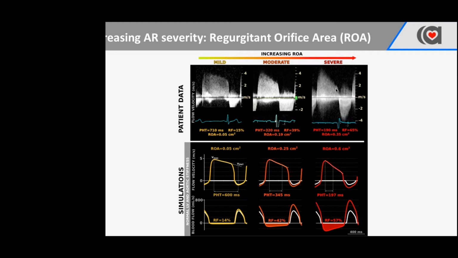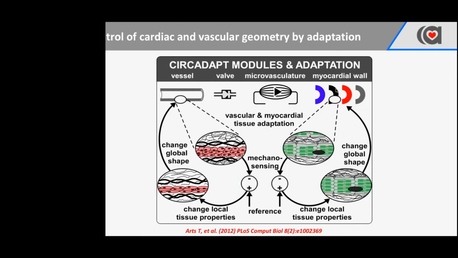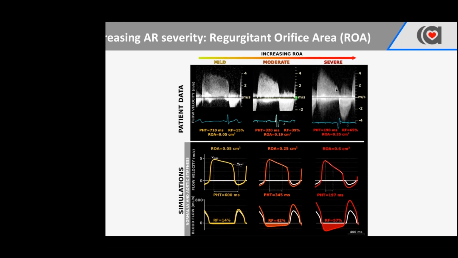But what will happen if you have a stiffer aorta, or a stiffer left ventricle? Well, this is actually the result for a normal left ventricular and a normal aortic stiffness.